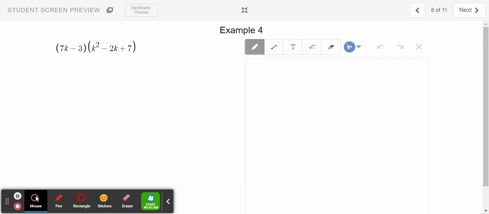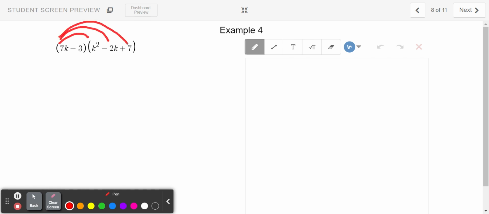All right, and now let's look at another example. We can't really use FOIL because FOIL, first, outer, inner, last, really only works when you have 4 pieces. So I'm going to do another area model with this one. You could match up your 7k to each of these things, and then you could go ahead and match up your -3 to each one and do all that multiplication.